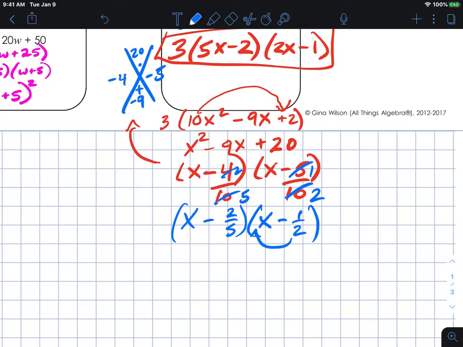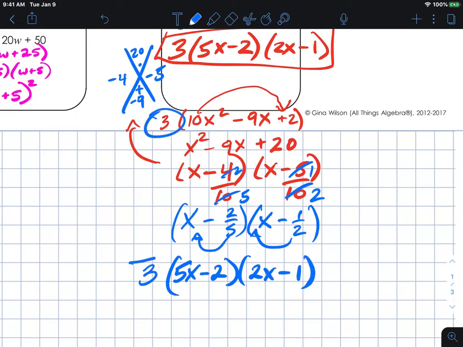Slide back the 5 and the 2 out in front. We're going to have 5x minus 2, 2x minus 1, and don't forget your 3. There we go. Right there. That should be it. All right.